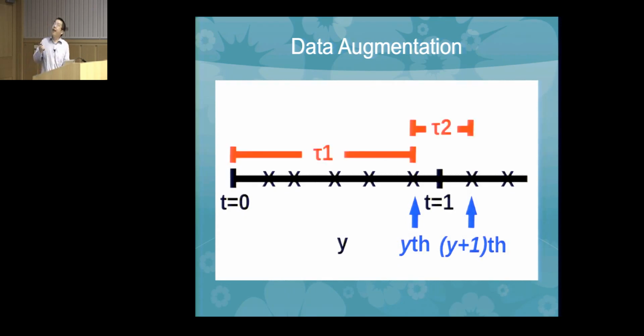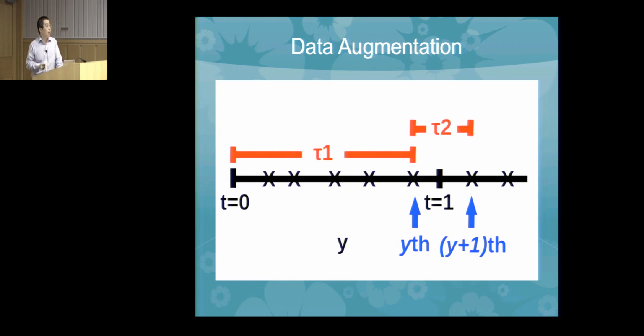So instead of observing Y counts, we essentially observe the arrival time tau sub 1 of the Y-th count, which happens before t equals 1, and the inter-arrival time tau sub 2 between the Y-th count and the (Y plus 1)-th count, which includes the t equals 1 time point.